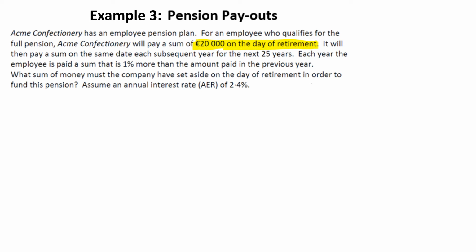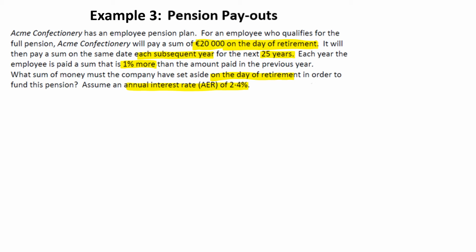It will then pay a sum on the same date each subsequent year. So each year for 25 years. There's 25 payouts. Each year the employee is paid a sum that is 1% more than the amount paid the previous year. What sum of money must the company set aside on the day of retirement in order to fund this pension? Assume an AER of 2.4%.